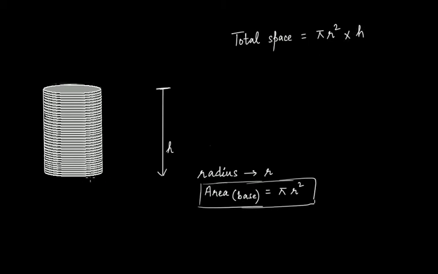Again, the space covered by one circular ring is pi r square. Area means what? The space covered by a two-dimensional figure, right? So in this case, pi r square is the area covered by one circular ring.